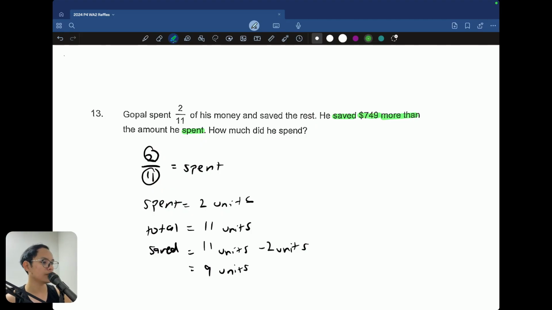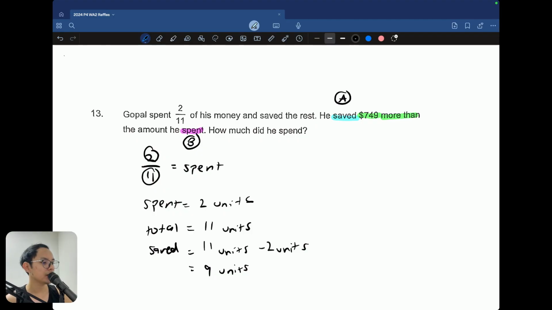Okay. So in this case, I'm going to put spent as another color, like purple. And for saved, it's blue. Okay. So I'm just going to name this as A. So saved is A, B is spent.